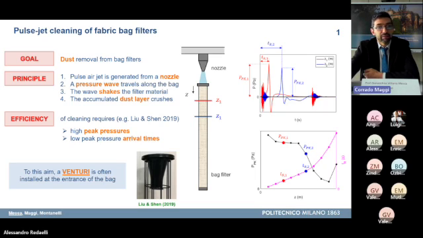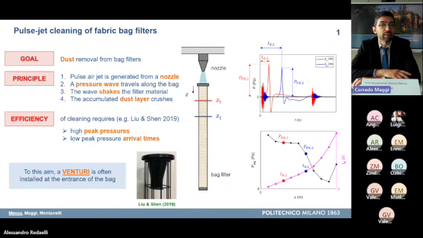The pressure wave exerts a mechanical action, a shaking action, on the fabric filter, and the shaking action finally causes the dust cake to detach.